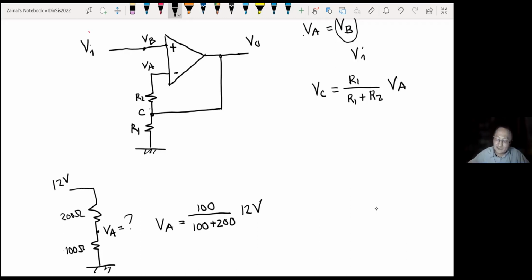Right? And VC is just VO. VO is R1 divided by R1 plus R2 multiplied by VA. So VA is the same with R1 plus R2 divided by R1 multiplied by VO. But kenapa kok di sana ya?